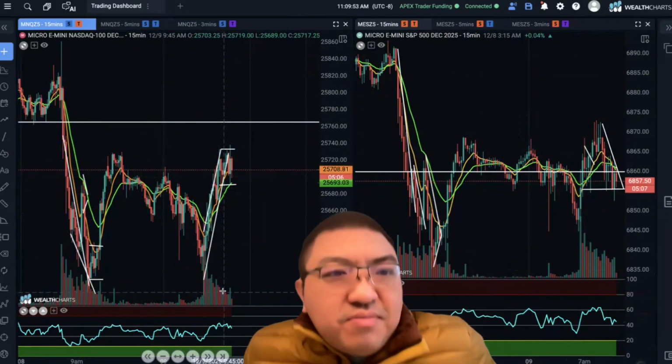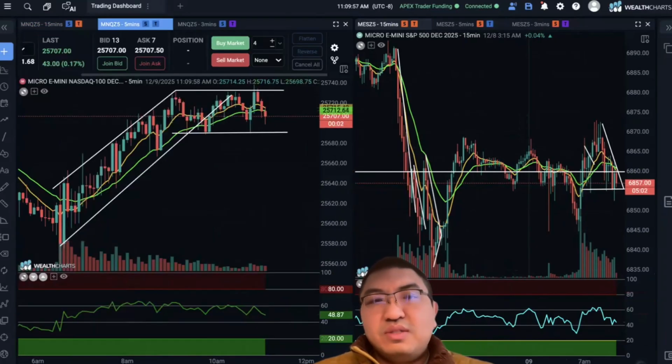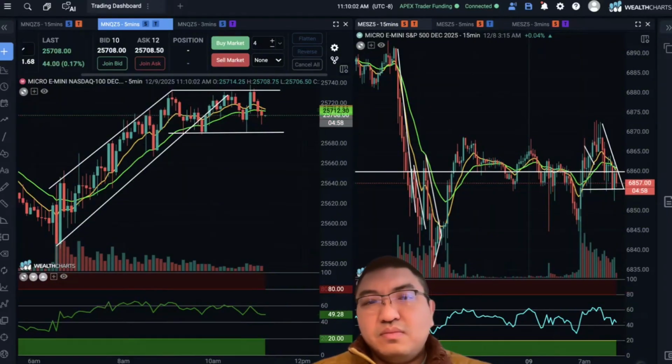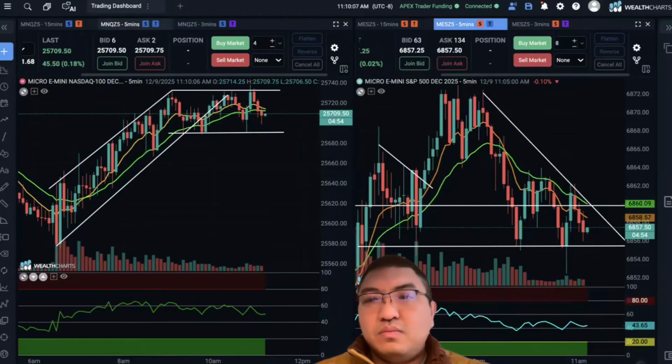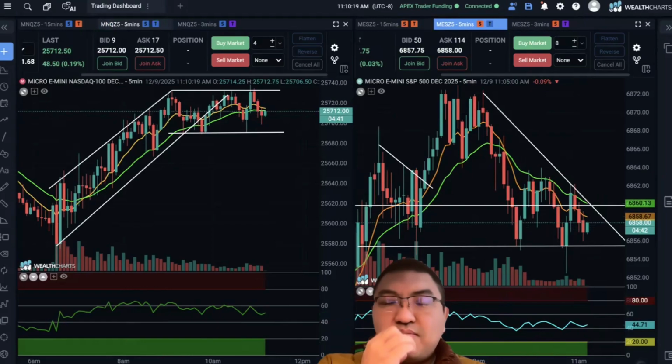So no hurry. Wait for the trend confirmation. At this time, it does not even arrive right there, then it starts to bounce back.